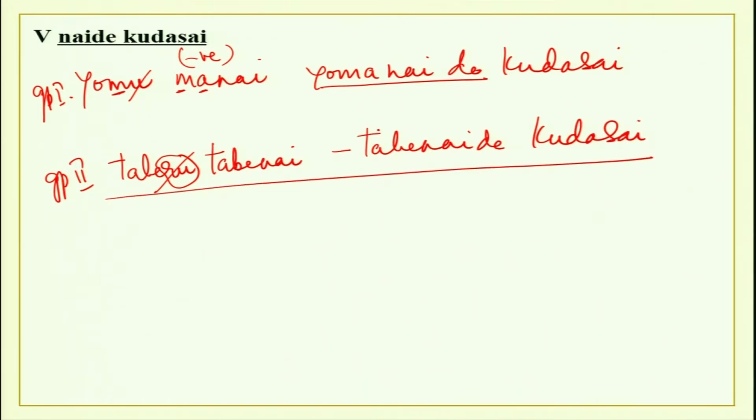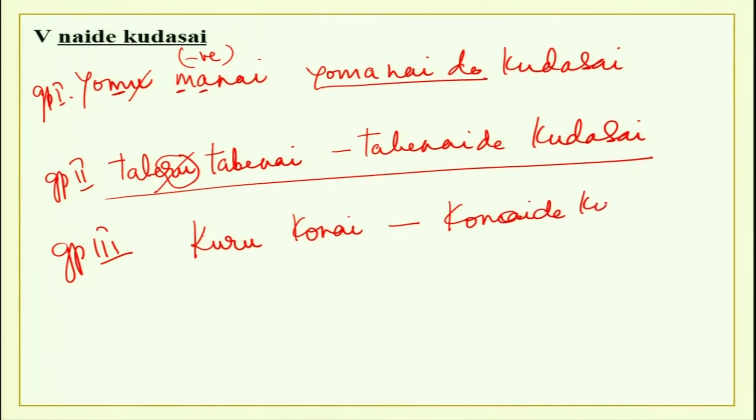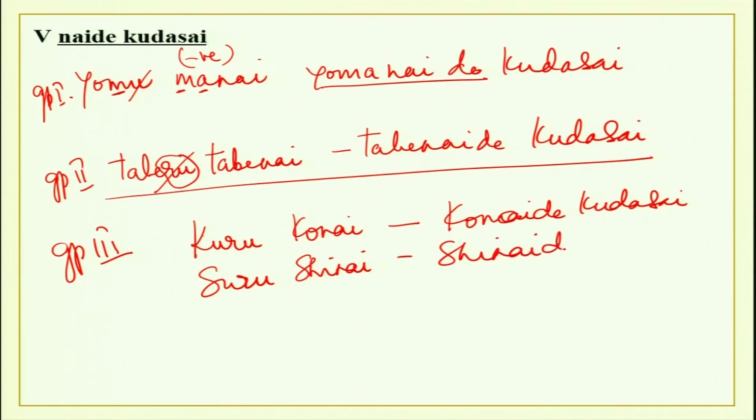I think it's very, very clear. Group 3 is kuru, konai. The form is konai de kudasai. And suru, shinai, and shinai de kudasai.